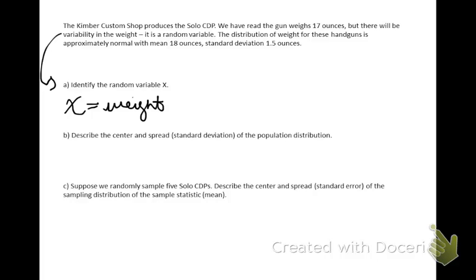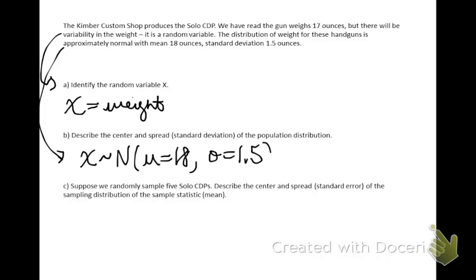The distribution of weight for these handguns is approximately normal with a mean 18 ounces and standard deviation 1.5 ounces. That is the center and spread of the population distribution along with the shape of normality. So we know that X has a normal distribution with mu equal 18 and sigma equal 1.5. One of the things to remember too is that X means 1. This is for a handgun.